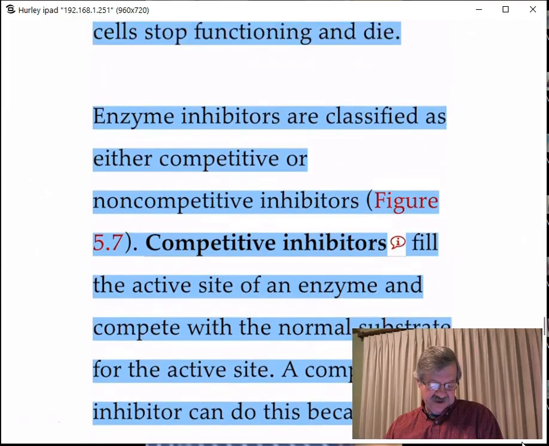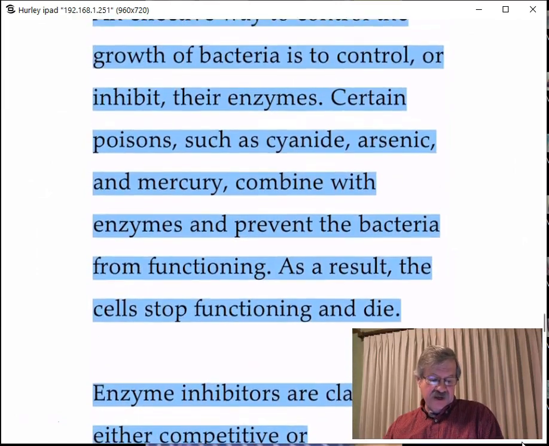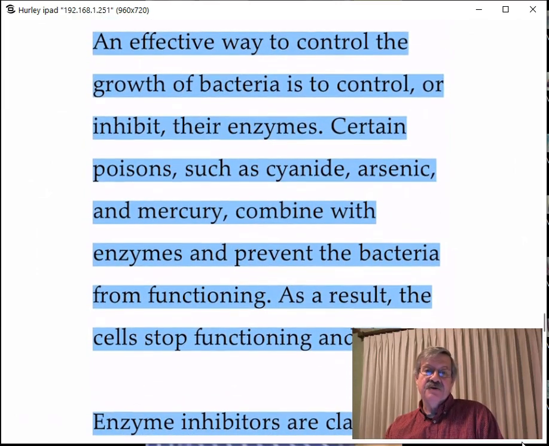Well, let me go back to that for just a second. Now, that is talking about a situation where the inhibitor will bond to the enzyme permanently. If the inhibitor will bond temporarily to the enzyme, block its activity, but then be released from the enzyme, and the enzyme goes back to its normal shape and function, then that inhibitor acts as a regulator.